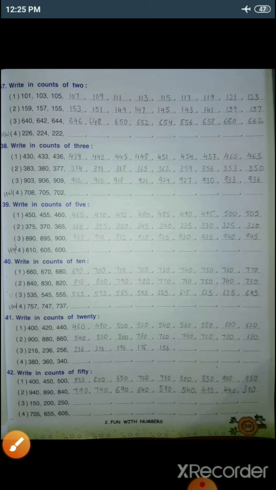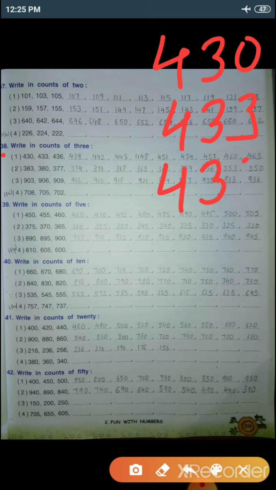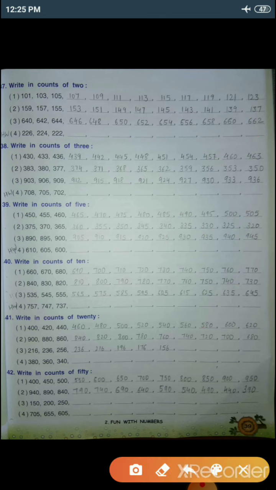So let's start. 430, 433, 436. The order is in increasing form. That means we are going to add 3. So add 3 in this number, we'll get 439. Again add 3, 442.